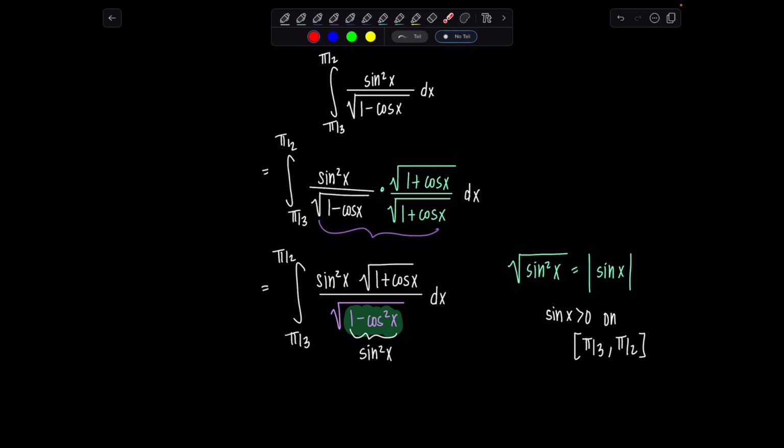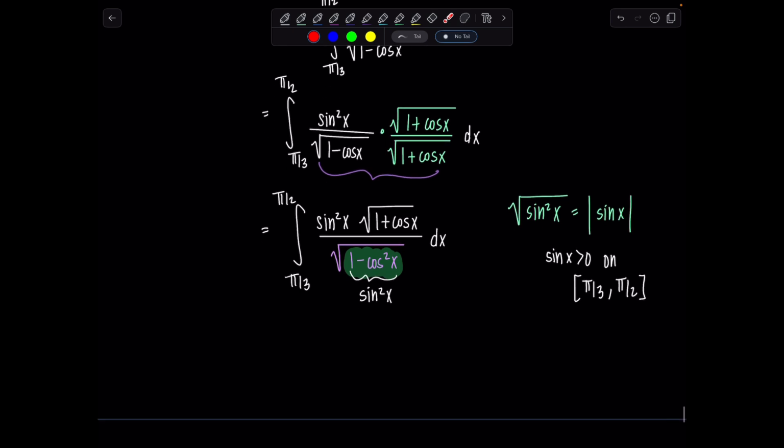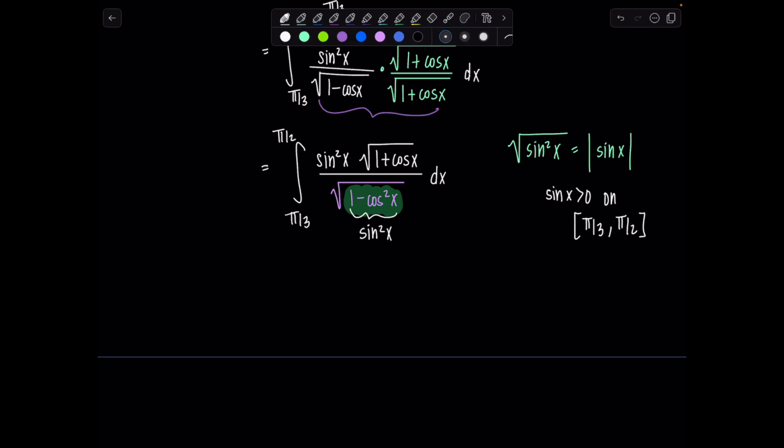If somehow we slipped into a different quadrant, then you would just break up your definite integral into the parts where sine of x is positive, leave it alone, and then where it's negative, you're just going to add an extra minus sign. Okay, so what do we have now after that spiel?